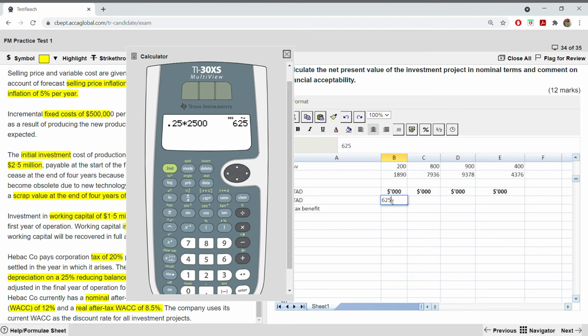Okay. Second year when you go, take 25% on 625 and minus it from 625. Okay. Again 25% on 625. Okay. So 625 minus 156.25. It's 468.75. So we'll take the whole number 469. Sorry, we'll put here 469. Okay. Double click 469.